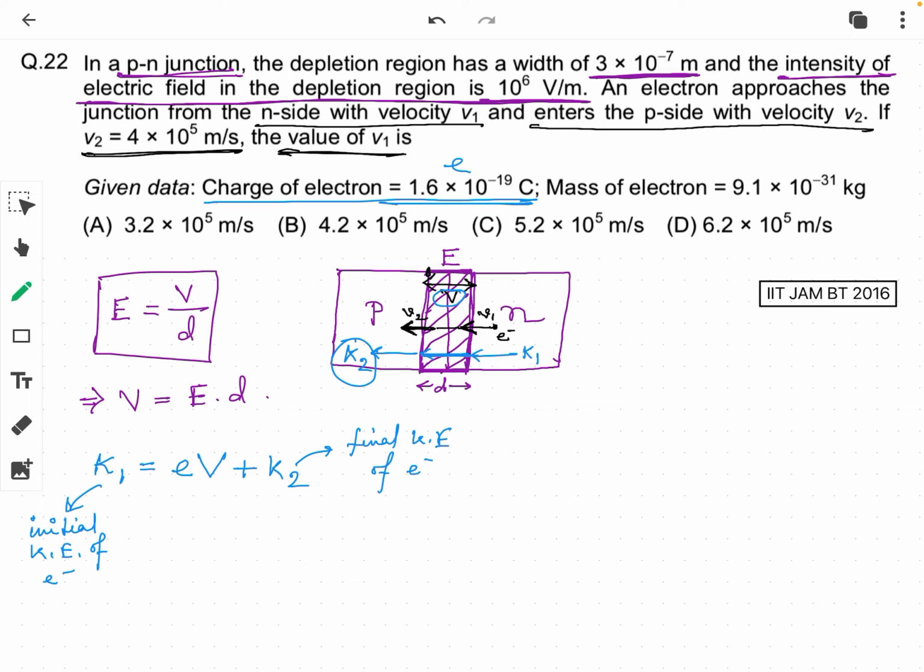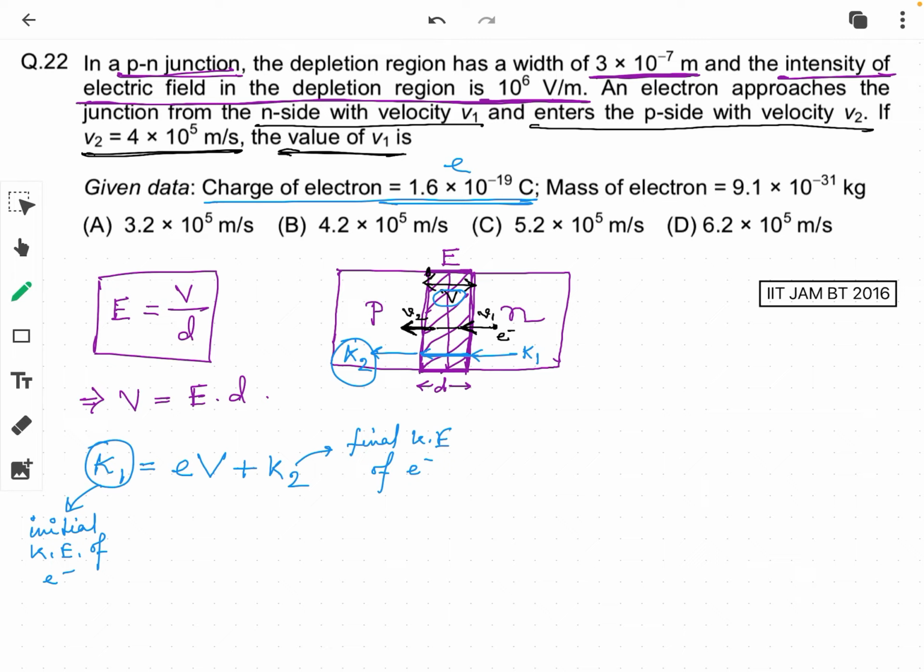Okay, now what is this K1? K1 is the kinetic energy, and what is the formula of kinetic energy? Kinetic energy we know is half mv square.